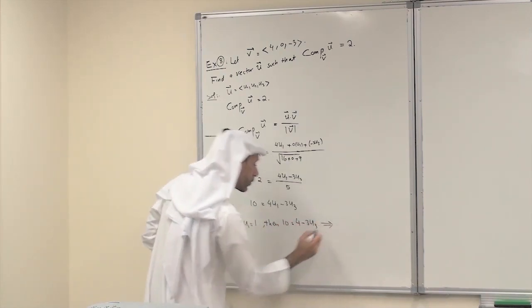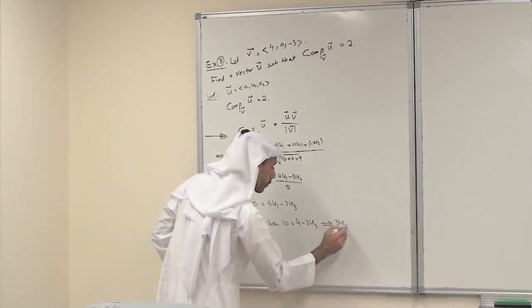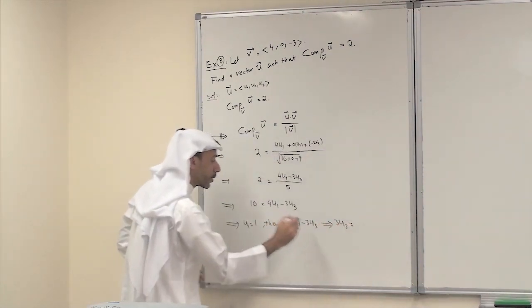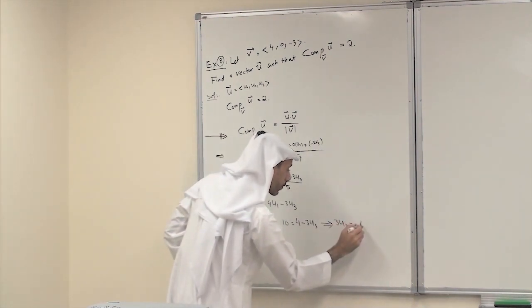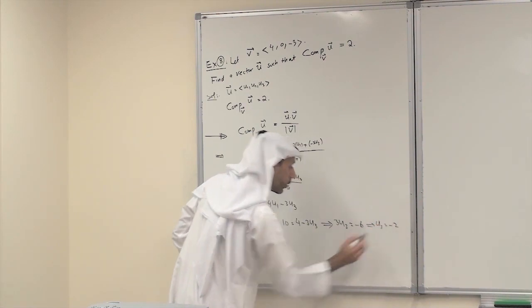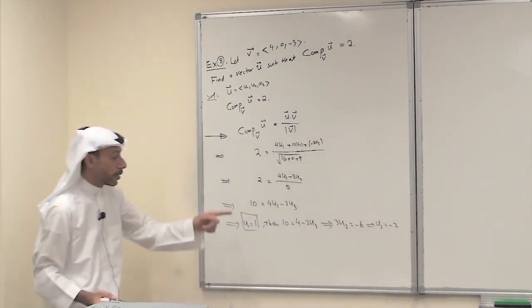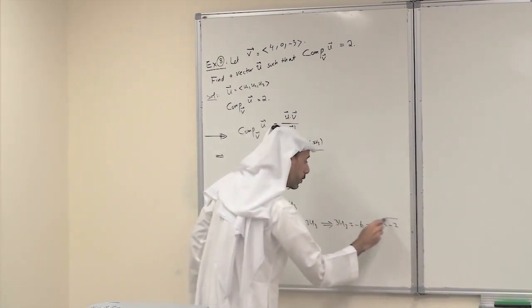And this implies 3 u3 equals 4 minus 10, which is minus 6. And hence u3 equals minus 2.